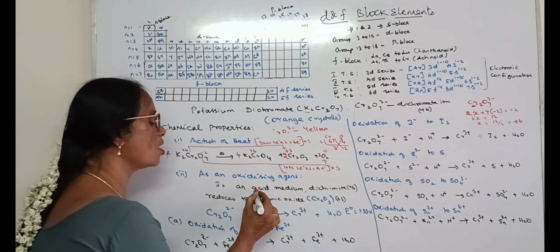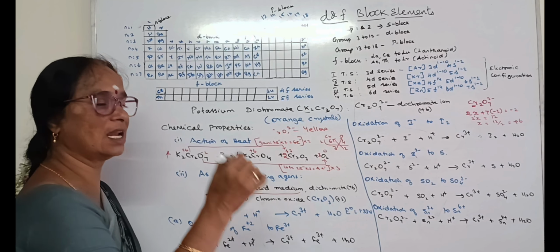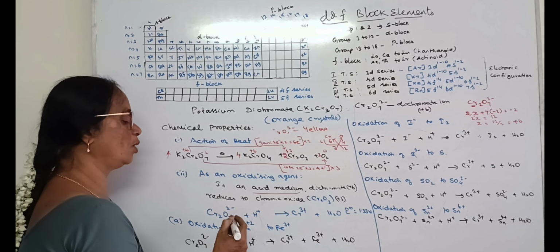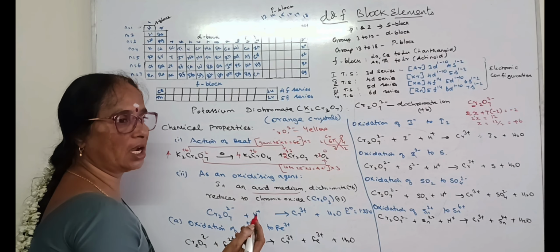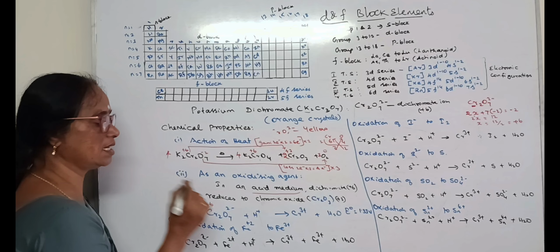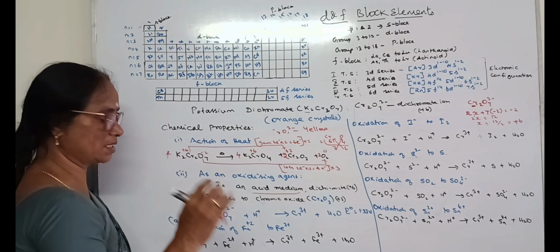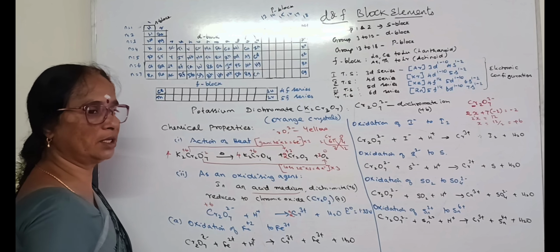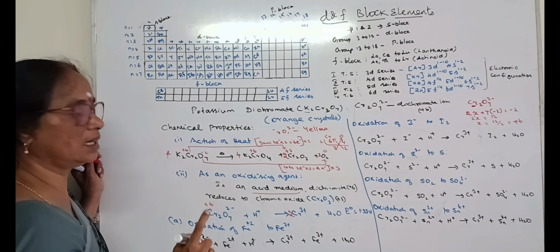So let us find this behaving as an oxidizing agent. When this oxidizing agent is taken in an acid medium, we have to identify how many electrons the chromium requires. So Cr2O7 2- is in +6 state, but it is reduced to Cr3+. How many chromium? 2 times. So I can multiply this by 2. So how many electrons does it require?